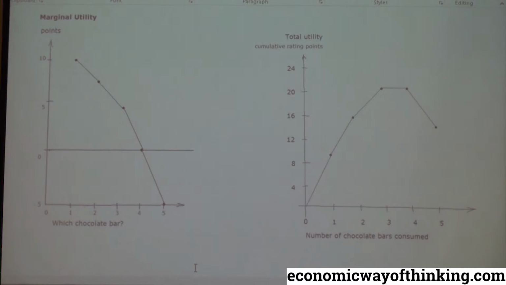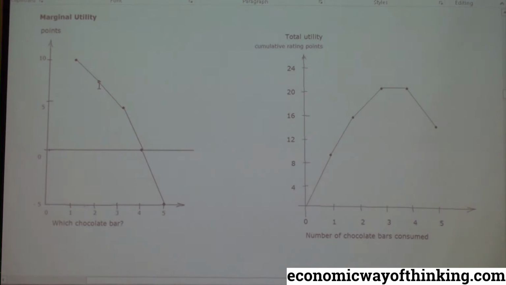Okay, so now we want to summarize and give you the visual view on the behavior of marginal and total utility. That graph reflects the famous law of diminishing marginal utility. Based on our discussion, we realized that each chocolate bar gives you less and less satisfaction. The first bar gives you 9 points, the second bar gives you fewer points, and so on. And that graph reflects the behavior of total utility.